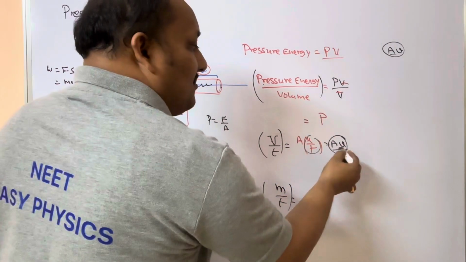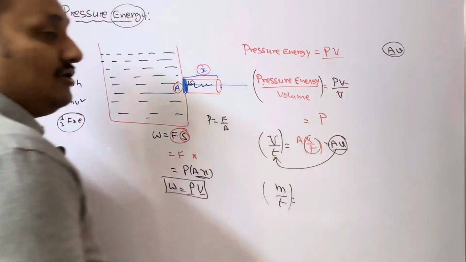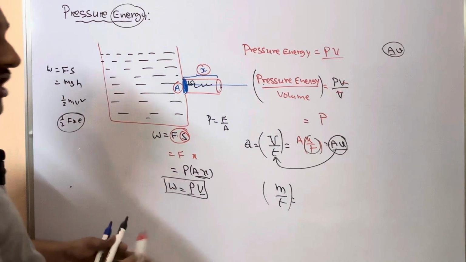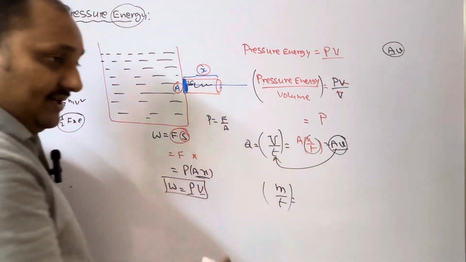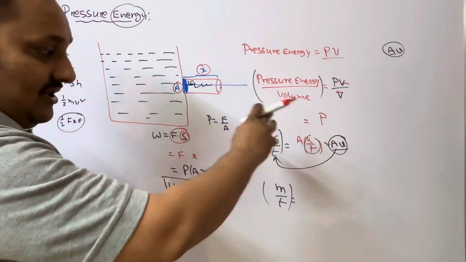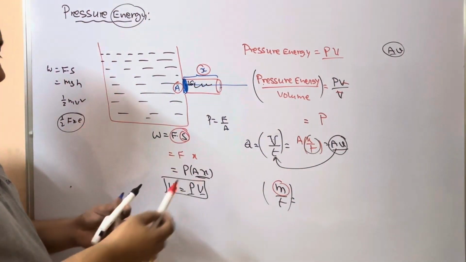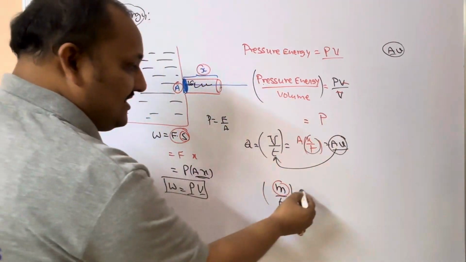AV, the product of area and velocity, gives the volume rate of flow. In some books they represent this with capital Q. How much volume of liquid per unit time, and how much mass of liquid per unit time. You have seen the 1 liter bottle and the half liter bottle, in which more mass is available. The 1 liter bottle has more mass. How much mass? Mass can be written as density into volume.